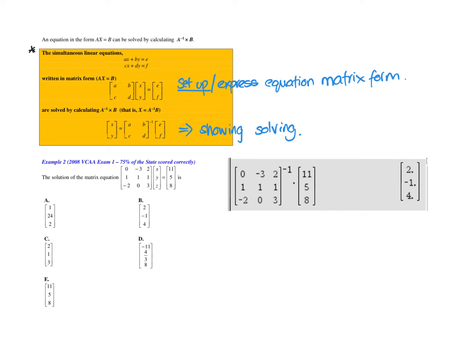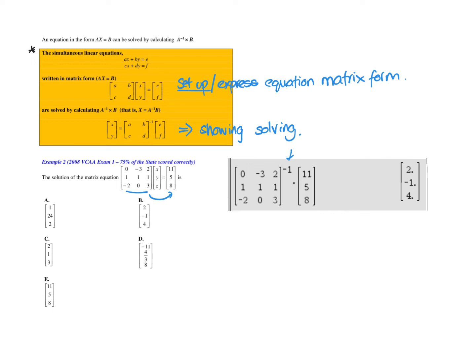If you look at this next question here, it says the solution of the matrix equation here. So really, it was a set of simultaneous equations. They've already worked it out, and you would have to solve it. So we know if we move this matrix over, it's multiplying on the left. We sort of want to divide on the other side, so we would use the inverse.